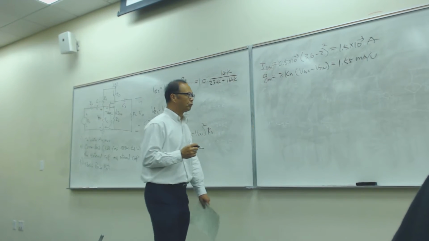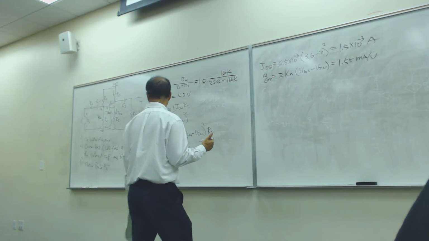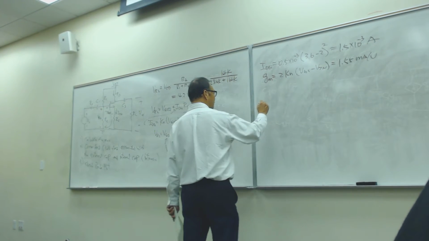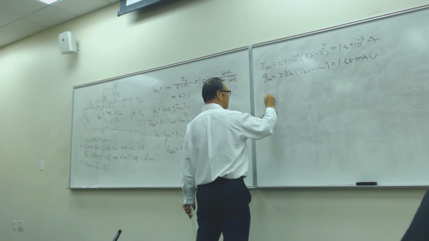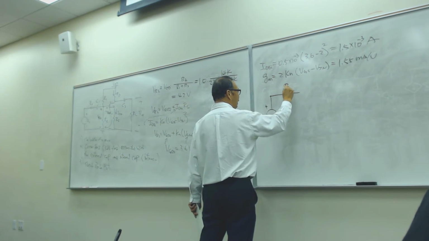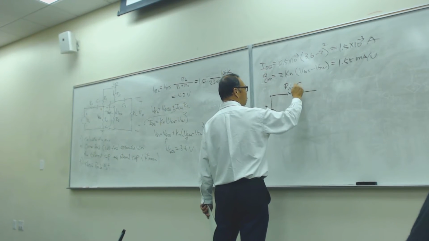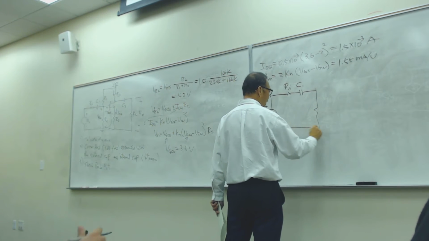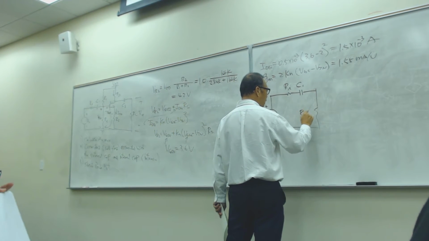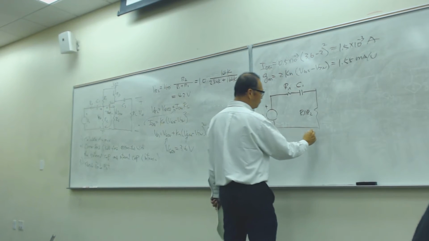Okay, now go to the more difficult part, AC. Okay, so you go from the left, yes? So E sub I, and R sub I, okay? And you have a capacitor, C1. And then we have this guy, R1, in parallel with R2, correct? This goes to the ground.